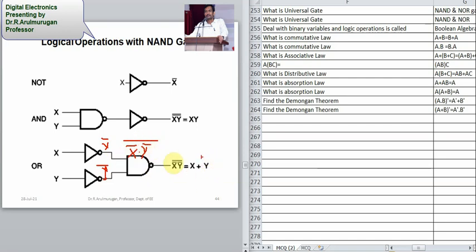So the answer is x into y. This is the answer. This is called simplification. For lengthy expressions, you want to simplify.